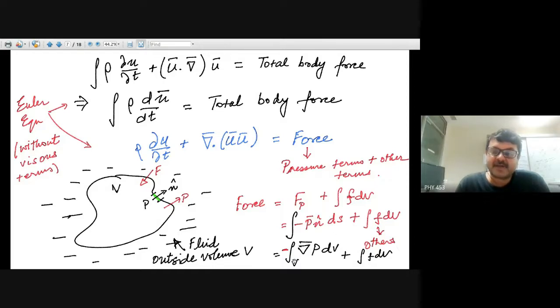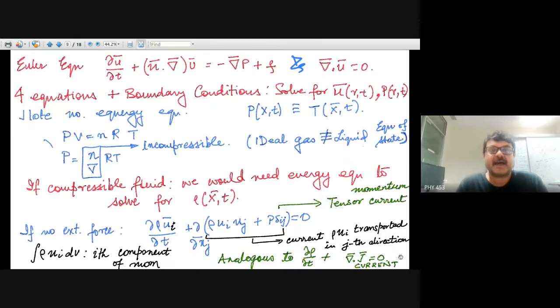Converting the surface integral into a volume integral, this can be written as minus grad P. Now, if other terms are absent, then you would have in general del u/del t plus u dot grad operating on u, equal to minus grad p. Here u dot grad is an operator acting on u.